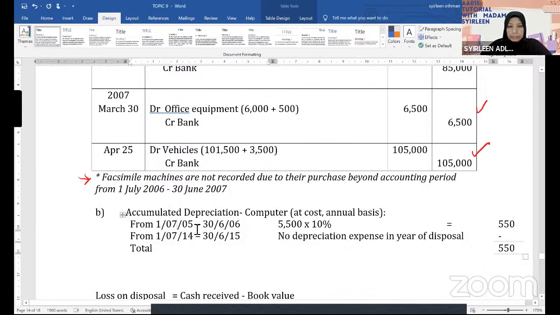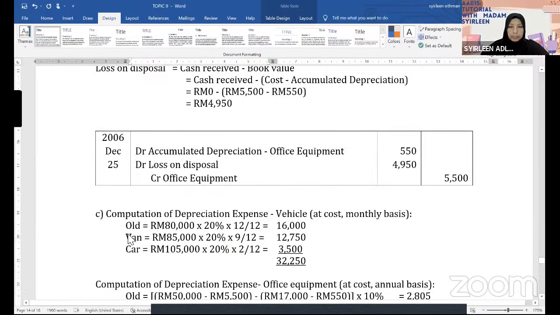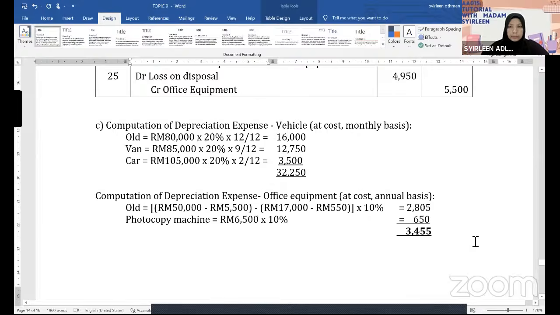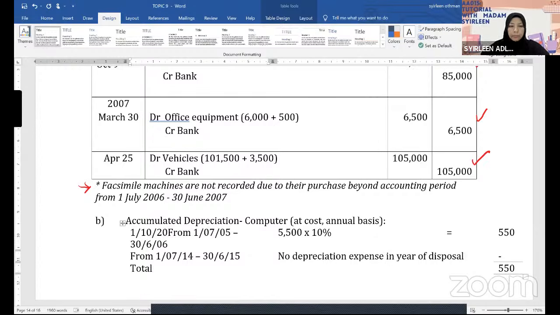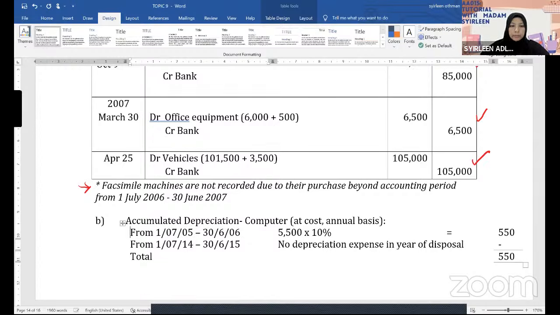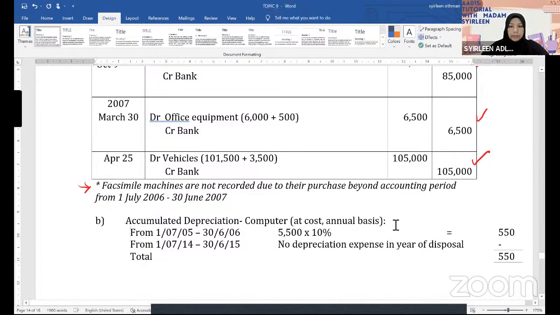Kita beli komputer tu, you bought the computer on 1st of October 2005. So my accounting period, saya susun dulu ni.